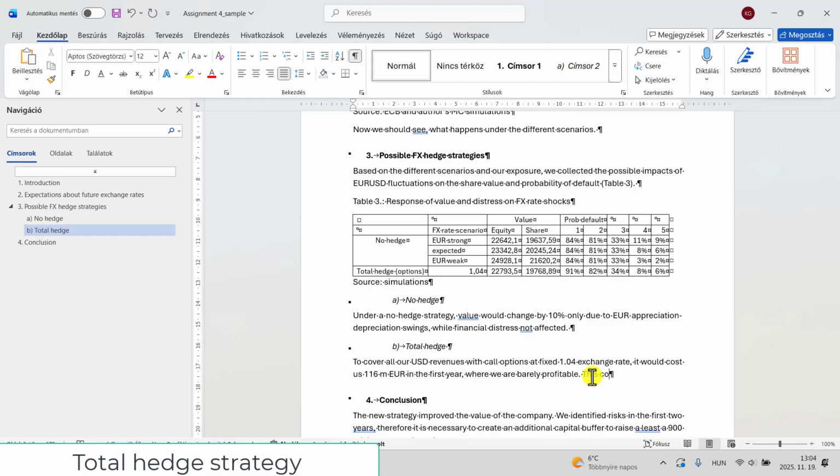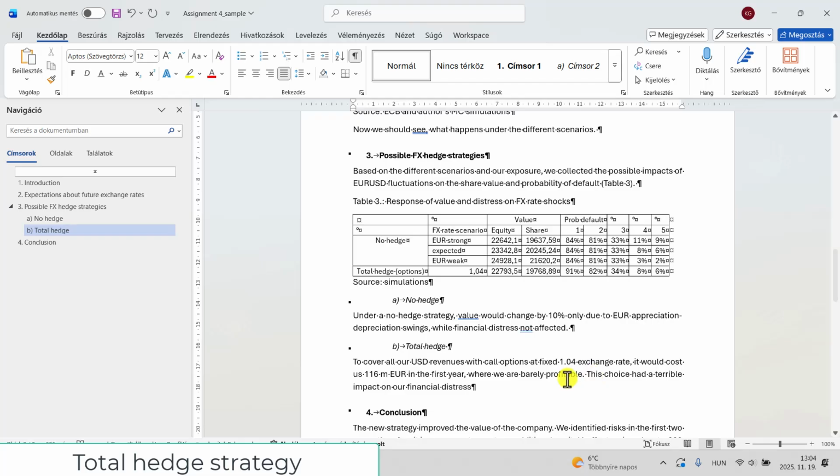This choice had a terrible impact on our financial distress, and also we can see that share price is really close to the worst case scenario.